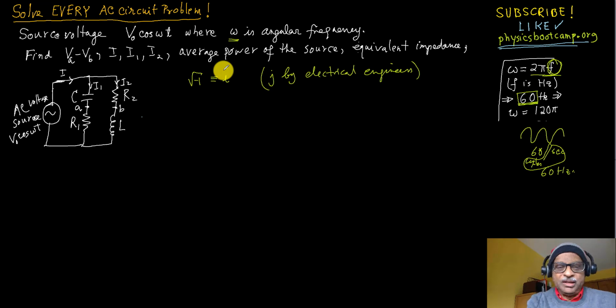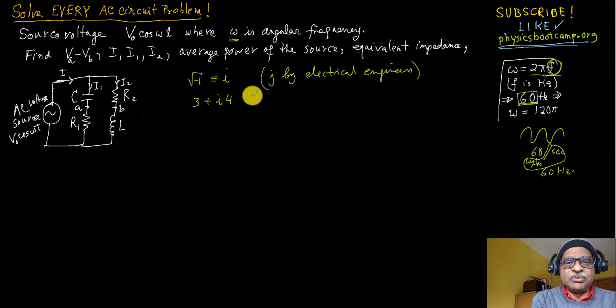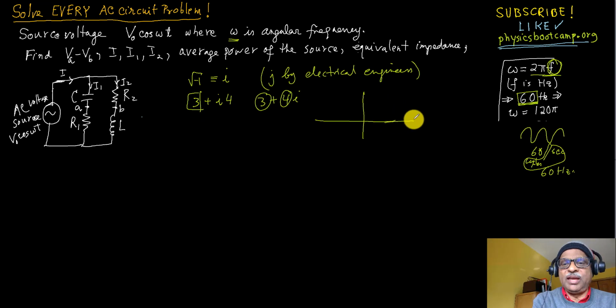Okay. Now, for instance, I've got 3 plus i times 4. You can also write 3 plus 4 times i. It's the same thing. You just think this 4 is somehow different than this 3. Sometimes you can visualize this in a diagram. The number that is not multiplying i, I'm going to plot along the x-axis, so this point is 3.